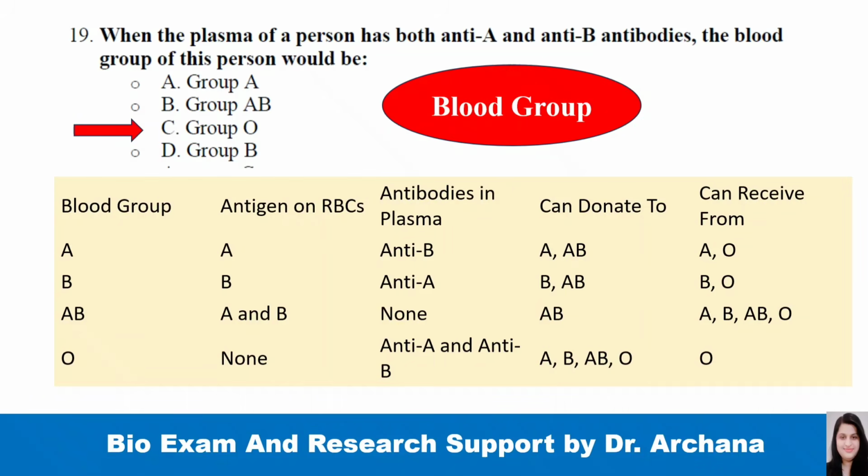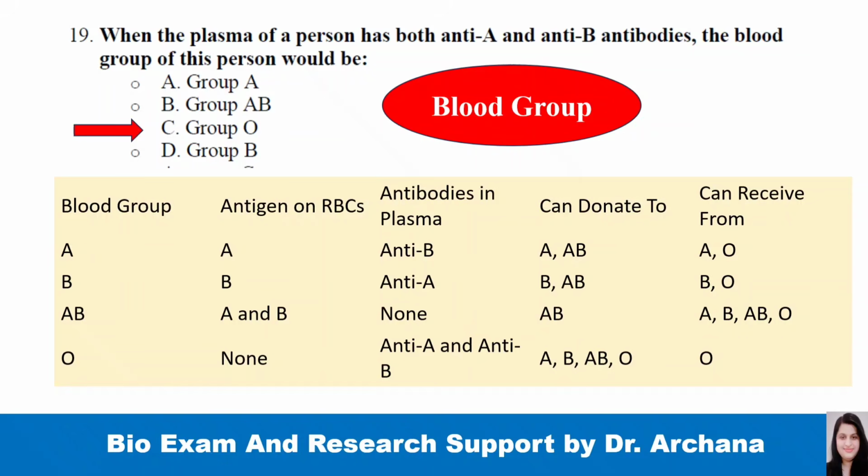Now the next question is when the plasma of a person has both anti-A and anti-B antibodies, the blood group of this person would be. So here I have given a chart. You can see the different blood groups. So here we will see the antibodies in plasma, not the antigens on RBC.